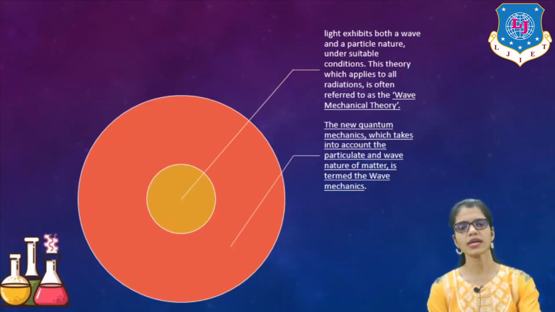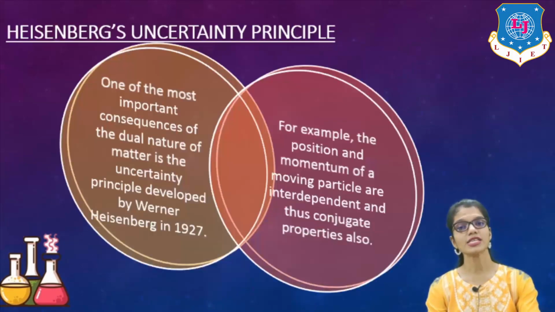Now, let's move further. The next point is Heisenberg's uncertainty principle. The scientist named Heisenberg gave this principle of uncertainty, and because of it, it is known as Heisenberg's uncertainty principle.